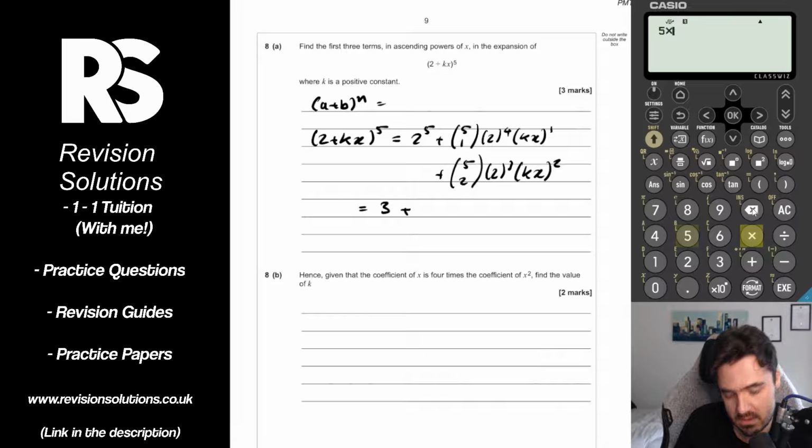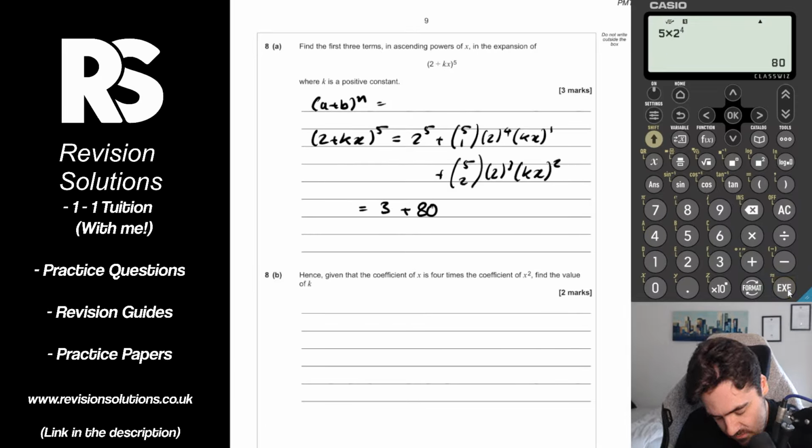Let's just do it all on the calculator, actually. 5 times 2 to the 4 times kx, that'd be 80kx. And then 5 choose 2 is just 10. So it's going to be 10 times 2 cubed, which is 8. So it'll be a plus another 80, but then k squared x squared, squaring that final bracket. And then that's the first 3 terms that they asked for.